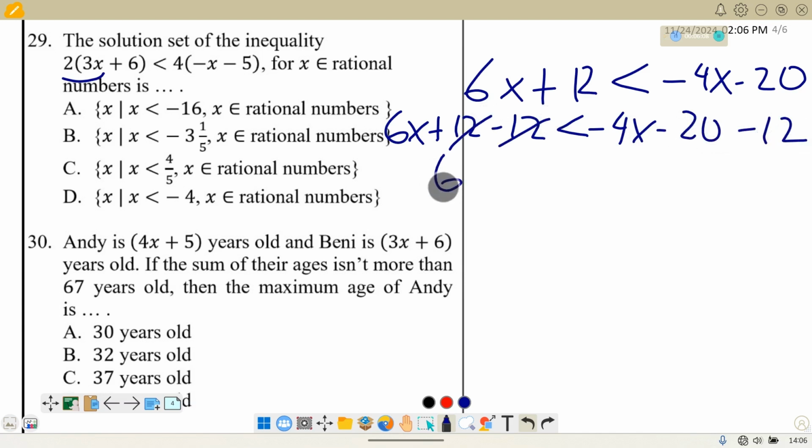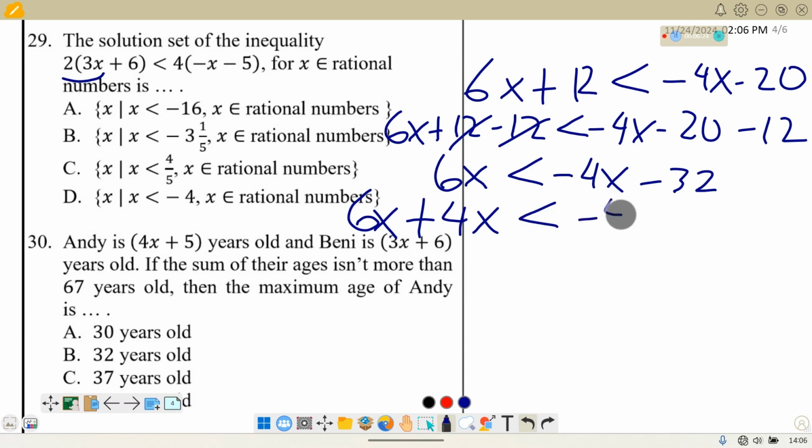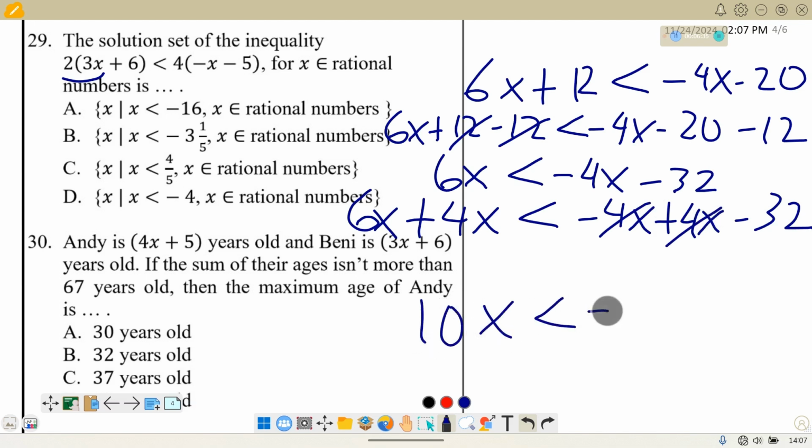So here we have 6x less than minus 4x minus 32. And we're going to cancel -4x by adding positive 4x on both sides. We can cancel it, and then this becomes 10x less than -32.